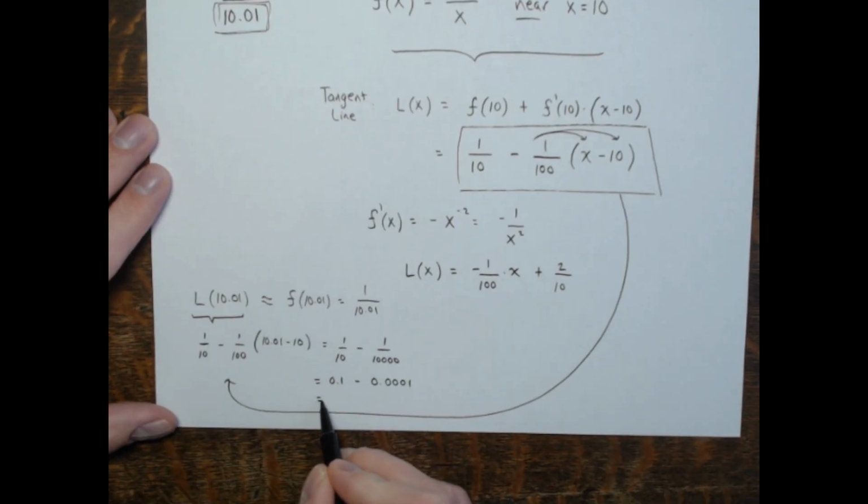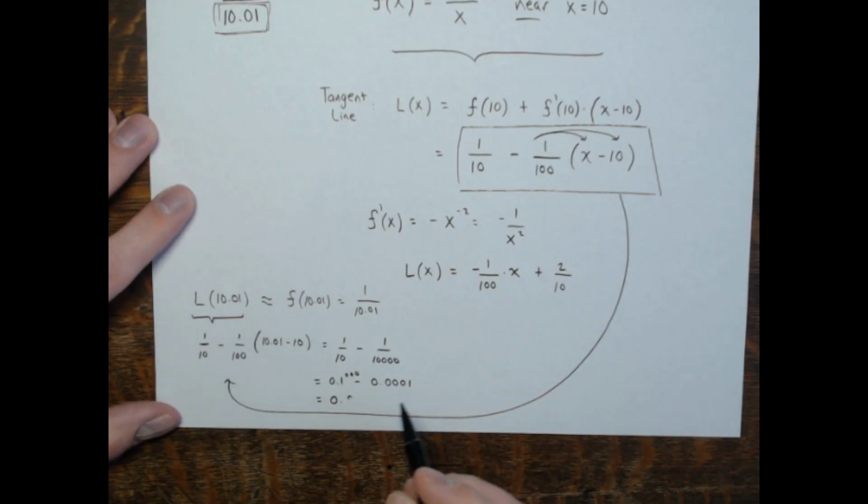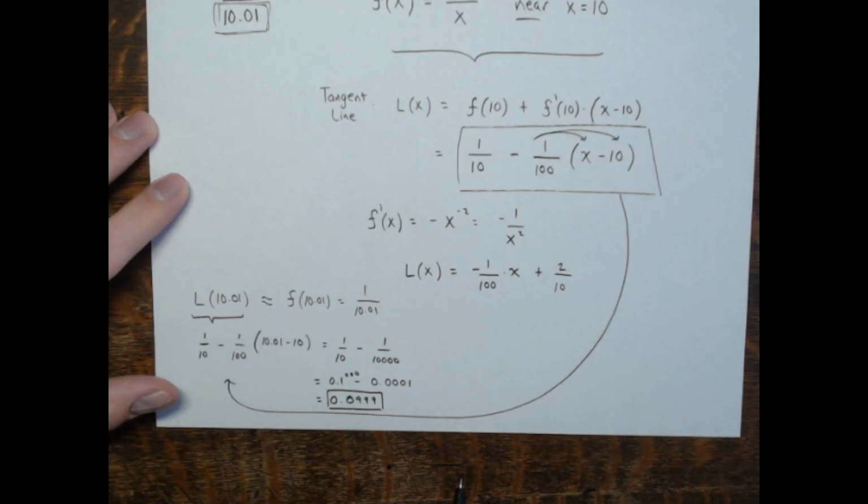So we end up with the following, 0 point, and throw a few zeros on this. This would be 1,000 10,000ths minus 1 10,000th, so 999 10,000ths. Like this, 0.0999.